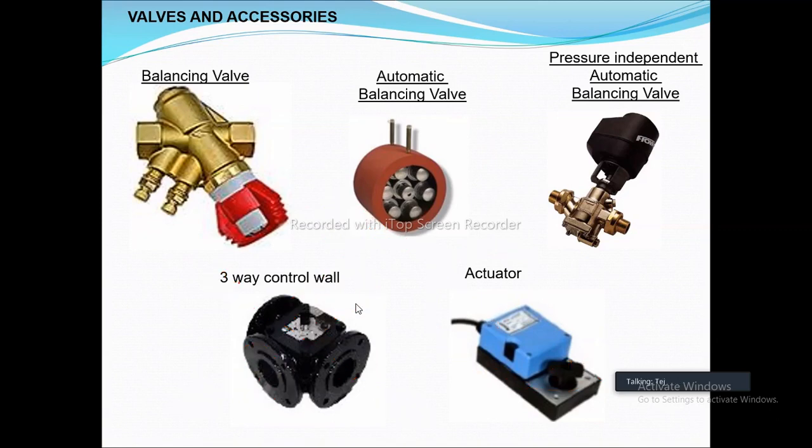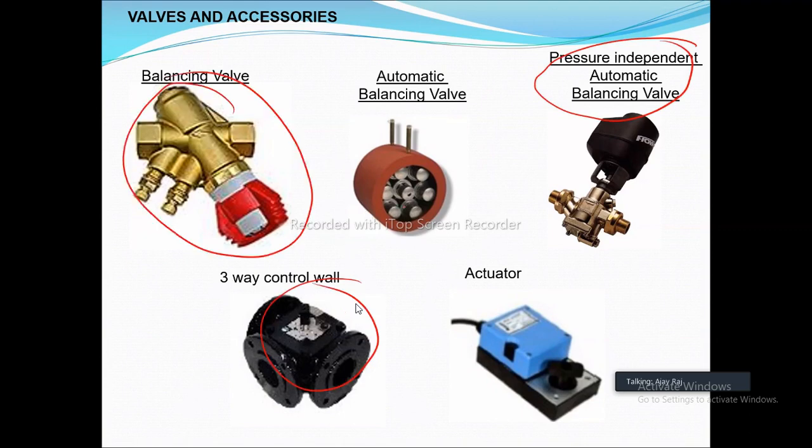Yes, sir. So then we have the pressure independent automatic balancing valve. What is this? This is actually a combination of this valve and this valve. Two valves in one valve.